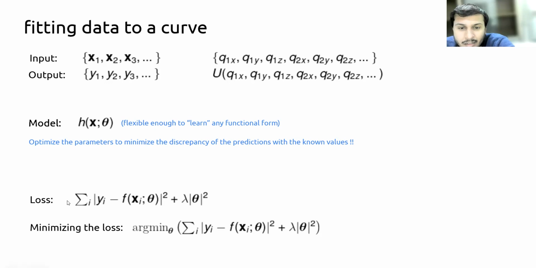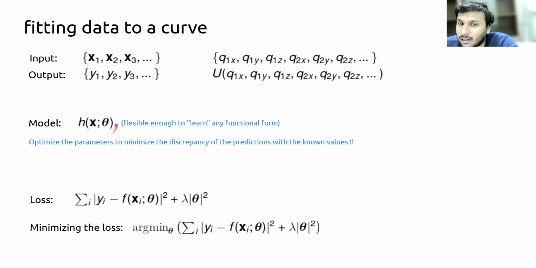The loss function basically measures the difference between the real output and the output of your function. It squares it, and then it sums it over all the data that you have. So if you forget about this other term and just look at this term, what it really measures is the total error exhibited by your model, right? All you have to do is try to make sure this error is low.